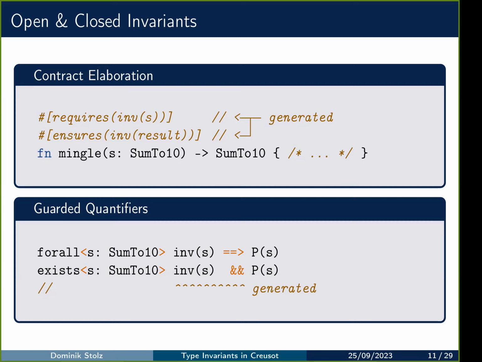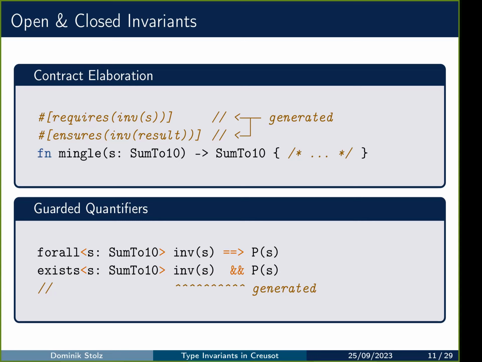And so this explains how invariants are elaborated on the Rust level, but also on the Pearlite level. We elaborate type invariants by guarding quantifiers. And this is shown in the second example here.